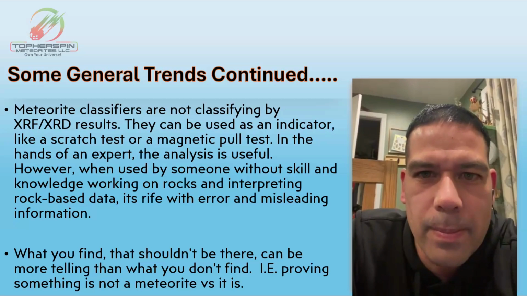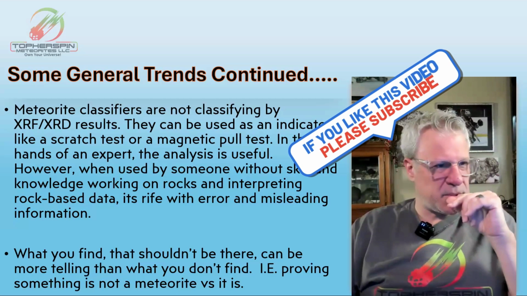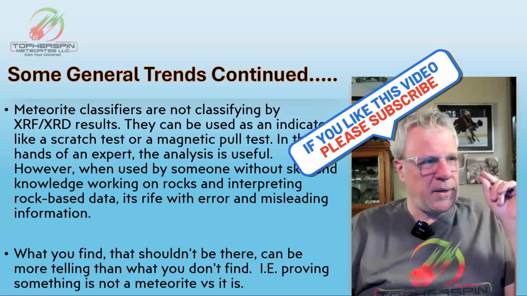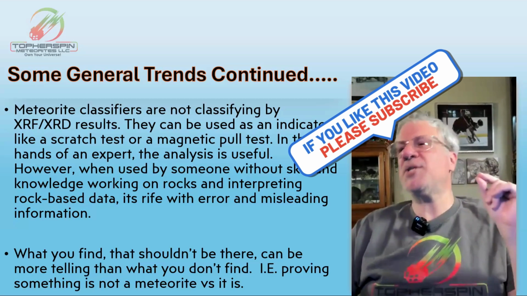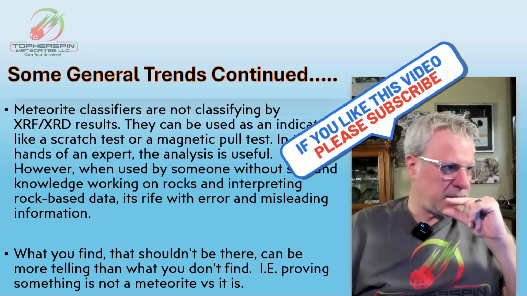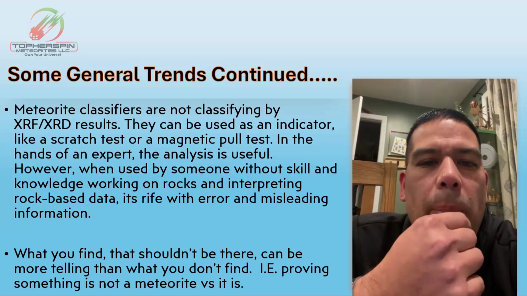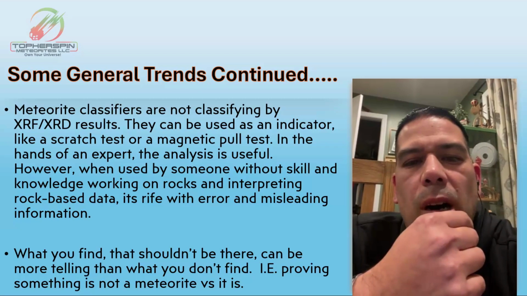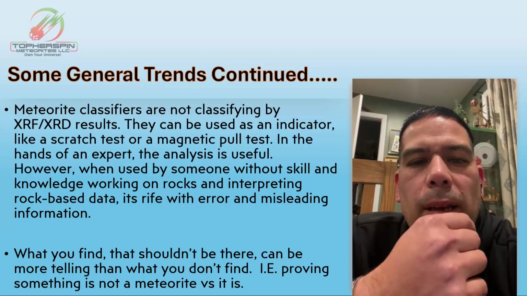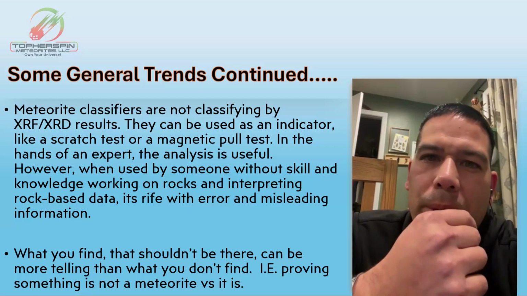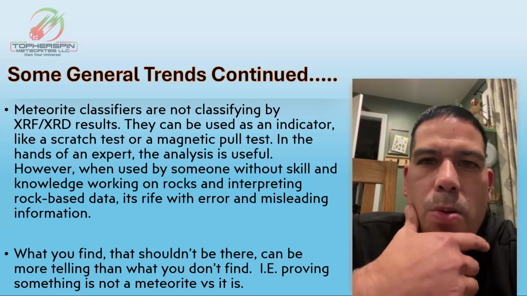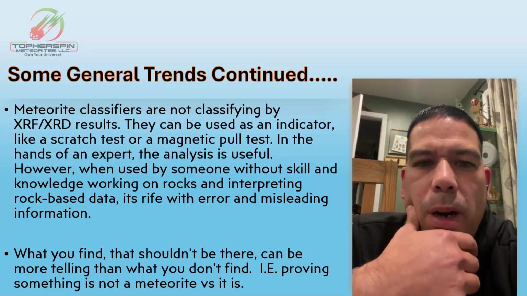I thought the last point on this page was pretty cool too, about what you find that shouldn't be there. Yes, certainly. If you get readings that are wildly out of the range of what should be in a meteorite, then you can basically rule out it being a meteorite.